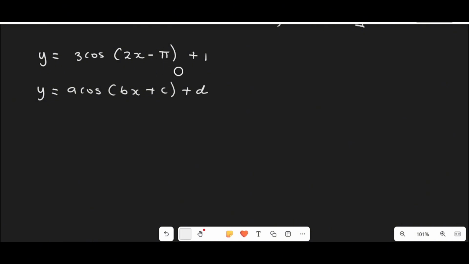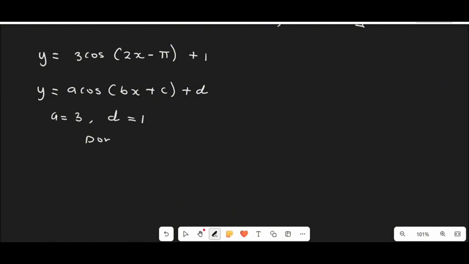If we compare these two functions together, our a is 3 and our d is 1. A equal to 3 and d equal to 1.